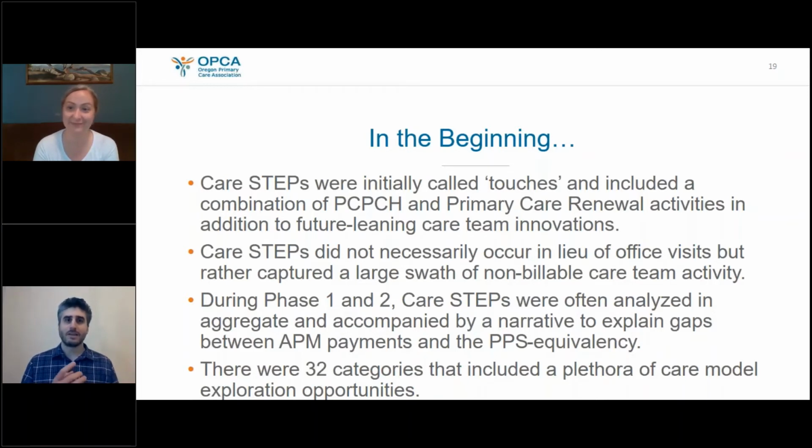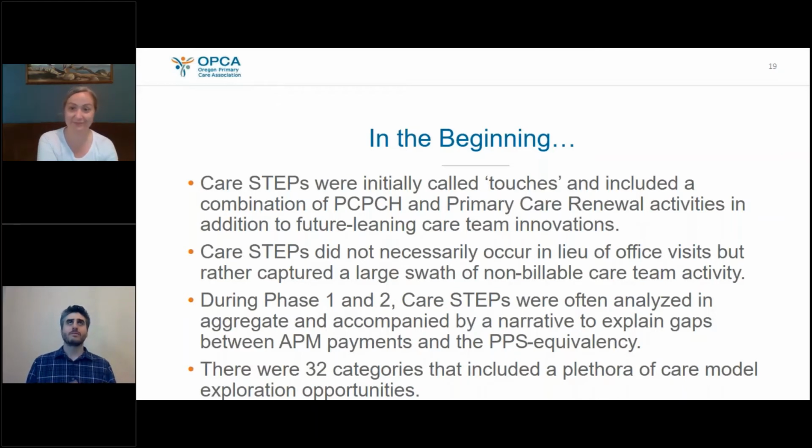A lot of that work tied to PCPCH, the primary care renewal effort we had going on in the 2000s. And with that, continue to keep those future-leaning care team innovation buckets that are on today's list. Back then, care steps didn't always occur in lieu of office visits. You were just getting a credit for any care step you provided, whether or not an office visit occurred.